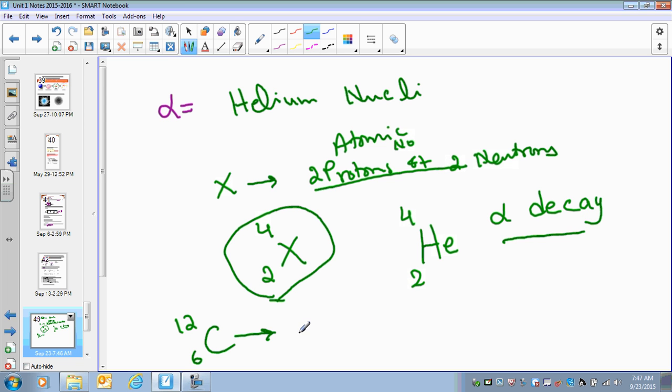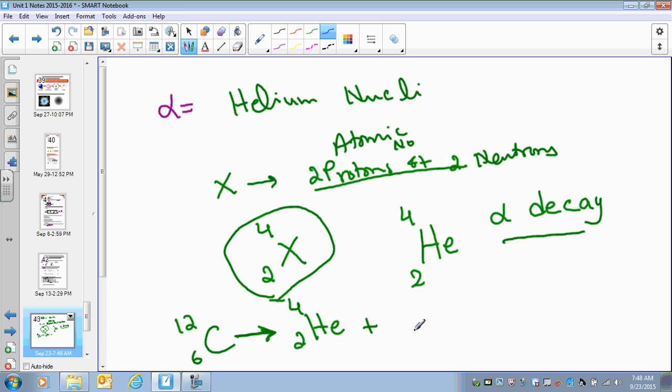If it has given out an alpha particle, we need to make sure we balance the equation. So this was the element, and it gives out, in the product, 1 alpha particle. So what is left behind? I need to do the math. 6 minus 2, because 2 protons are lost.